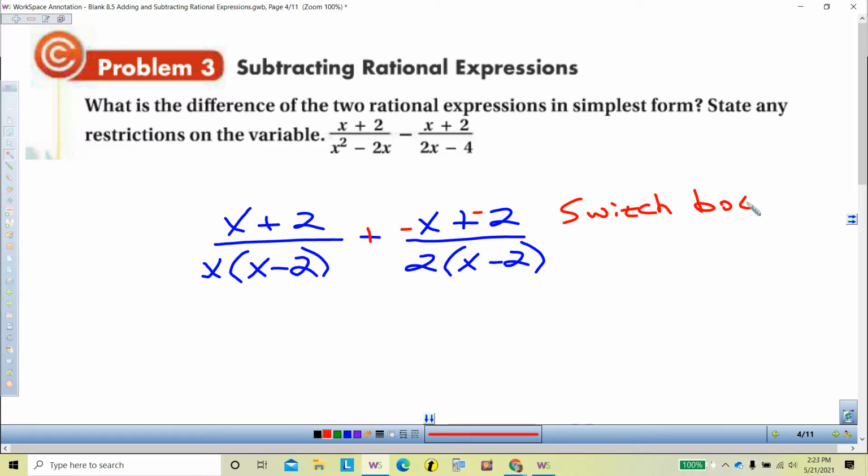If you know you're likely to make that mistake, switch both signs in the numerator. And then you're obviously going to switch the one in the middle as well, right? So you need the 3 switches.